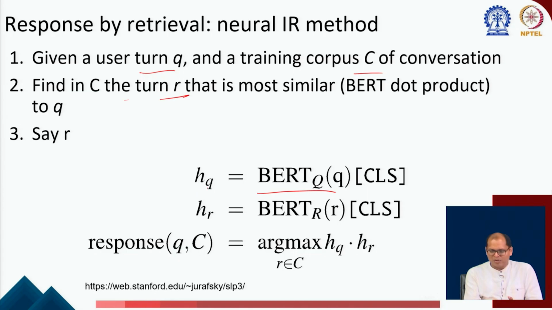You have the encoding of the query, and you encode all the turns that you had in the corpus, and find the most similar turn, R. Now you can return R, or you can return the response to R. People have seen that if you return the response to R, that's better. So you take the response to R and return it as the response to the query.